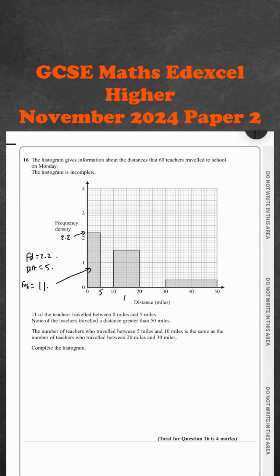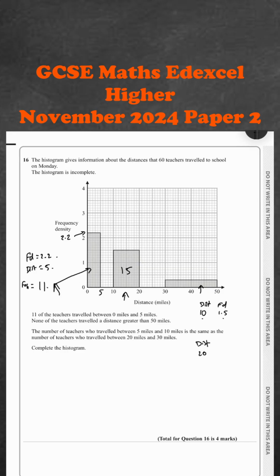So for this second box here, we know the distance is 10. We can see that the frequency density is 1.5, which means the frequency must be 10 times 1.5, just by the same definition of what we did on the left-hand side here. If we look at this box here, we know the distance is 20.